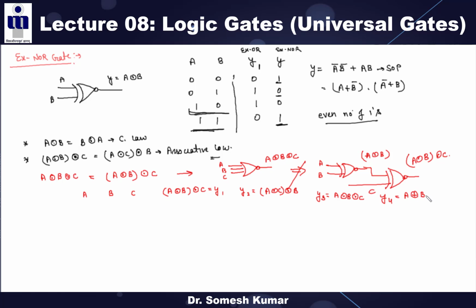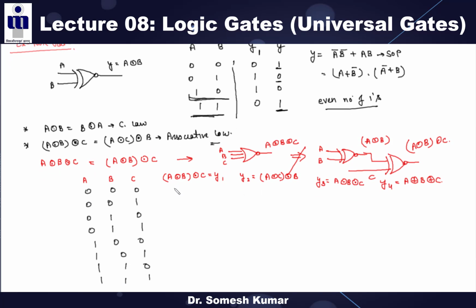Now how many combinations if there are 3 variables? 8. What will come here? A XNOR B. What is A XNOR B? 1, and then 1 XNOR C. What will come? 0.